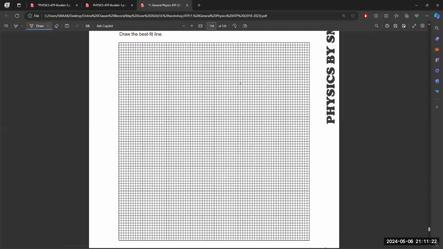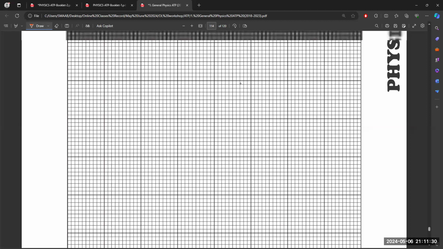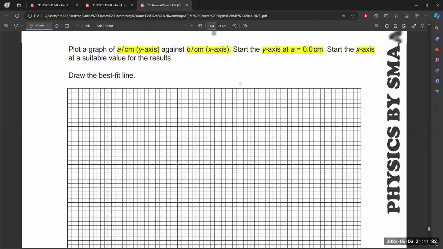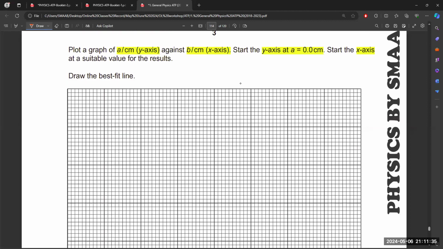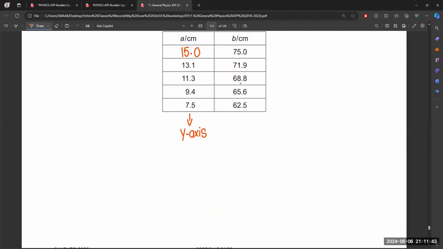Now you can see this is the graphical representation. We have 10, 20, 30, 40, 50, 60, 70, 80. There are a total of 80 small boxes given on the y-axis. And these are the values. So you have to plot like this.